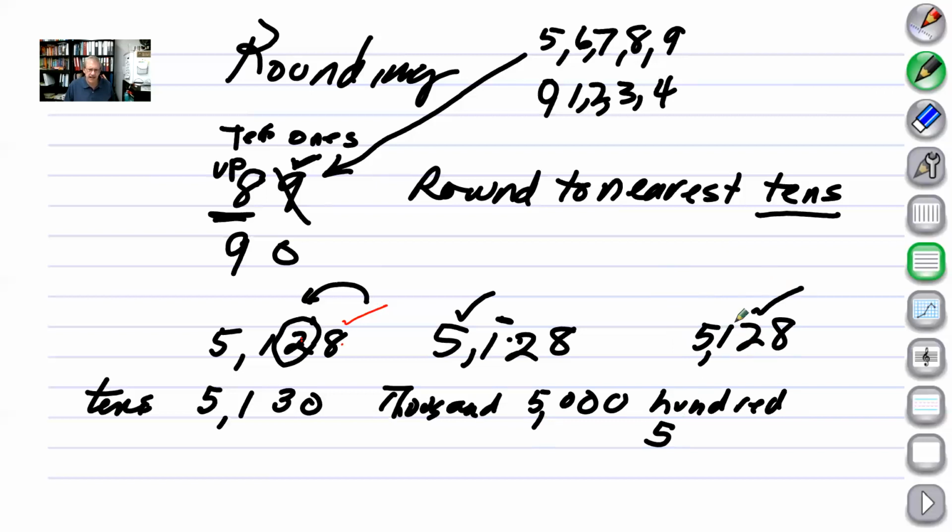And the 2 is saying, just stay. And then the rest becomes 0. So we're just rounding the hundreds place. We're just rounding this place. Either it goes up or it stays the same. Here we were just rounding the thousands place, up or the same. Here we're rounding the tens place, up or the same. So that's kind of the idea.